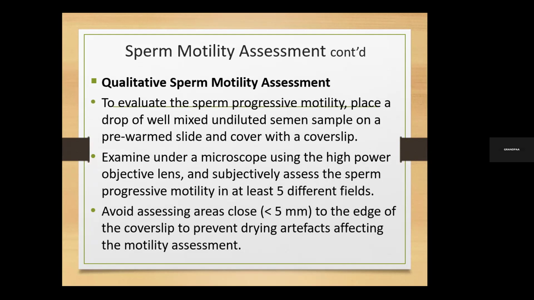And when it dries up, it will start from the edge of the cover slip, and that can also create problems for you. So avoid assessing areas close to the edge, at least within 5 millimeters of the edge.